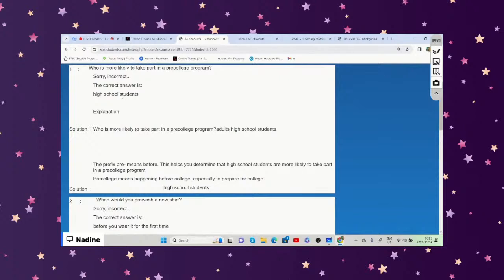It's like things that you do to prepare before, right? And who is more likely to be part of a pre-college program? It's basically high school students. Let's say students that are in matric or grade 12, as we can call it, that are basically preparing themselves for college.